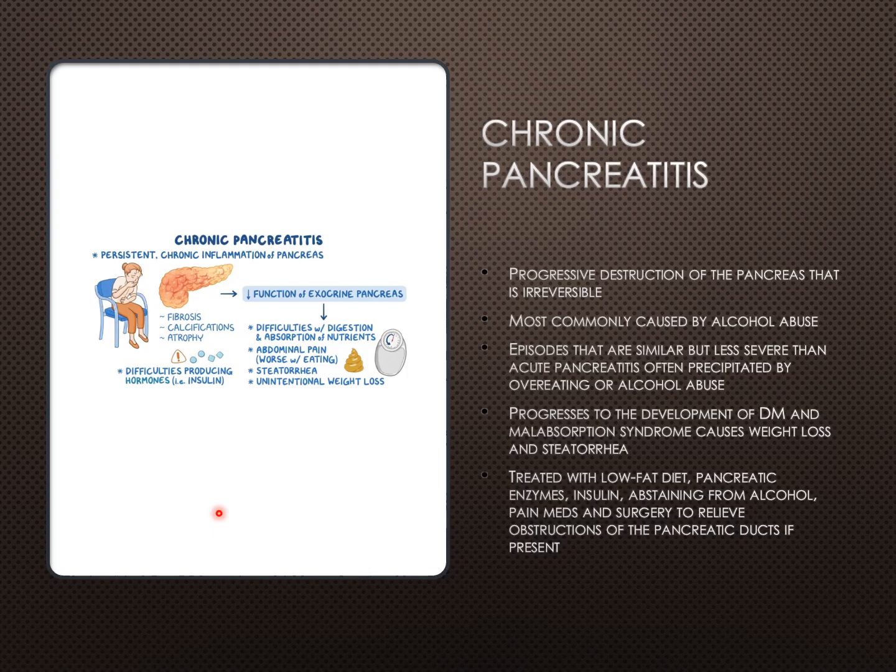We may need to give narcotic pain medications to control that kind of chronic pain related to pancreatitis. In severe cases, especially cases that maybe are caused not by alcohol, but maybe by obstruction, especially of the pancreatic ducts, we can maybe relieve that obstruction with surgery to help reduce overall symptoms.